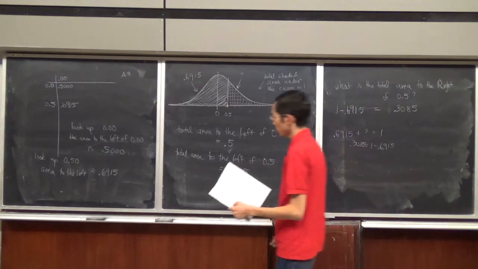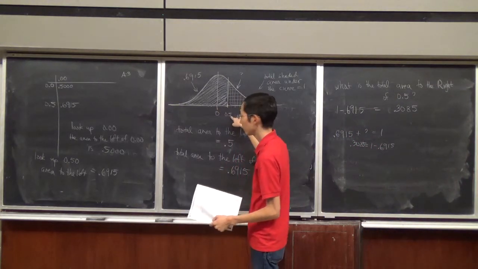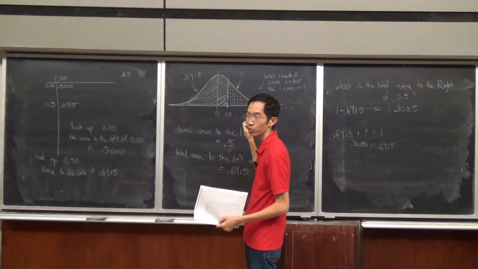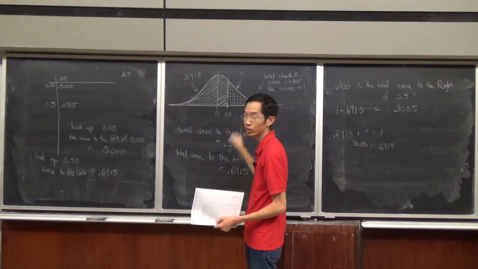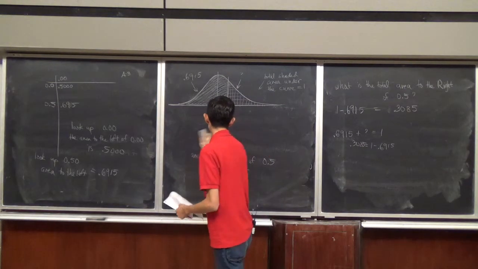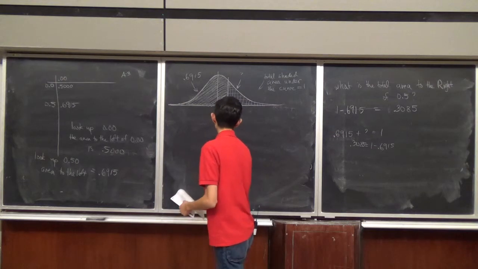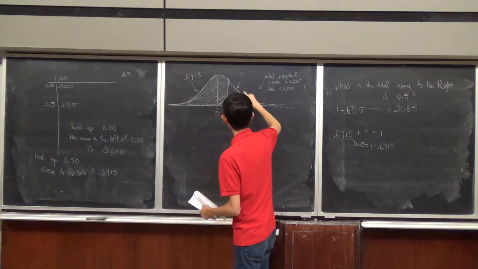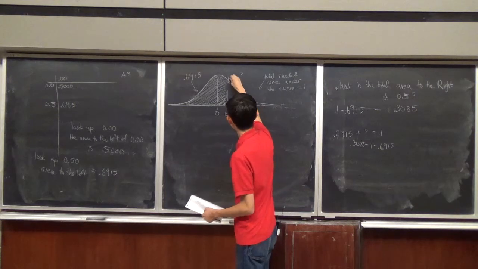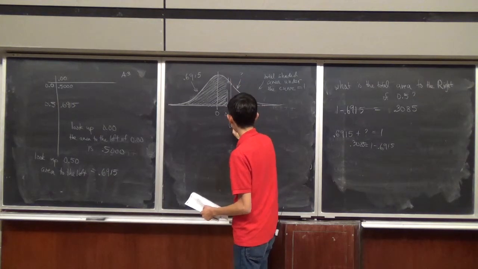All right. What if instead of drawing a line at 0.5, I'm drawing a line at 0.52? So instead of drawing a line at 0.5, let's say I decide to go just a tiny bit more to the right at 0.52.